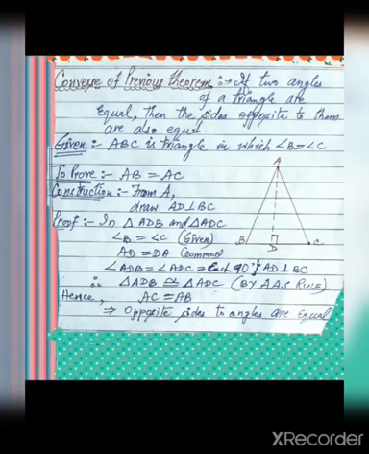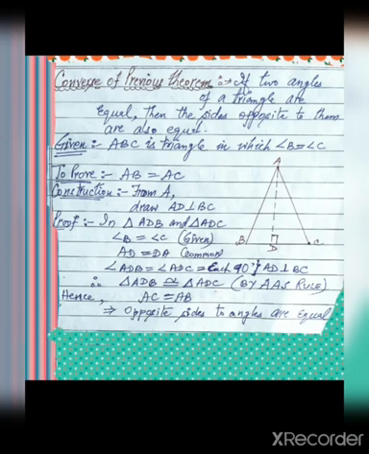Okay, kids, as we proved earlier in one of the theorems, angles opposite to equal sides are equal. Now here is the converse of the same theorem. If two angles of a triangle are equal, then the sides opposite to these equal angles are also equal.